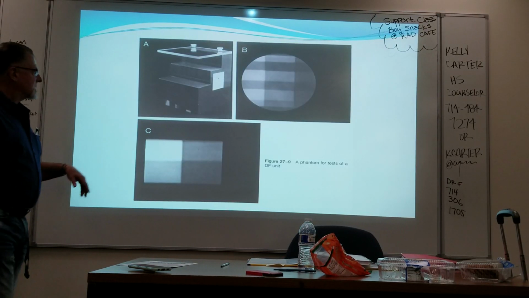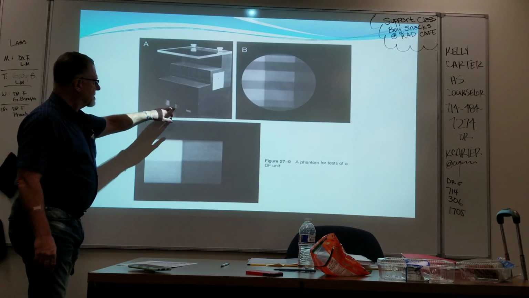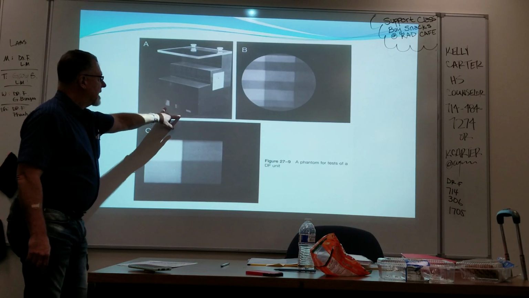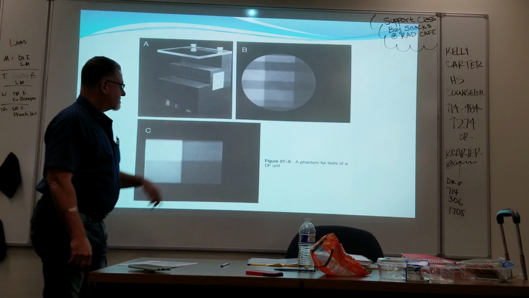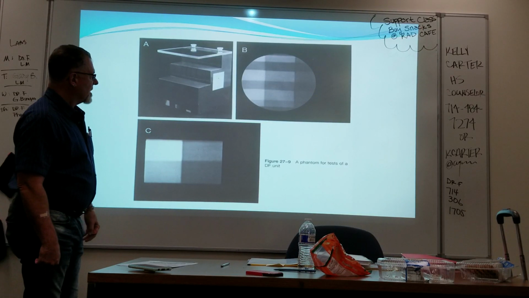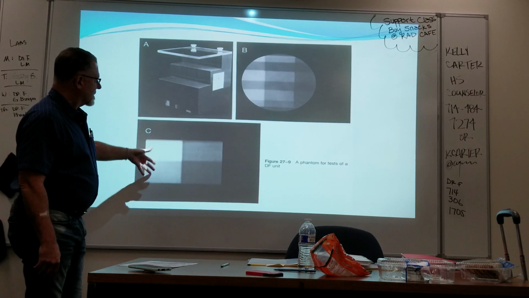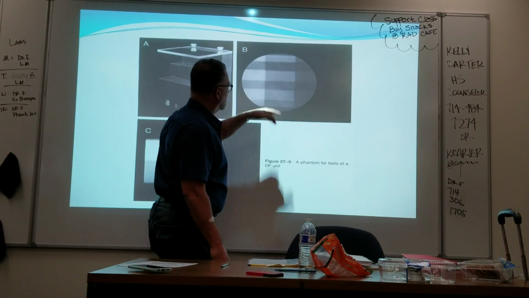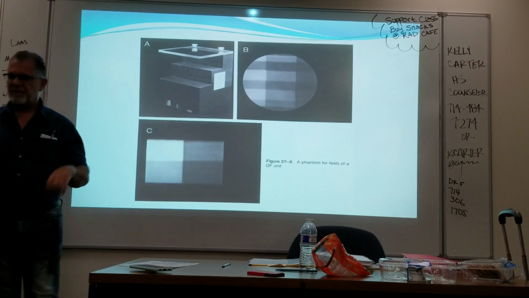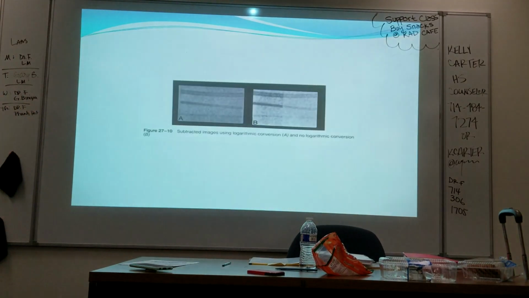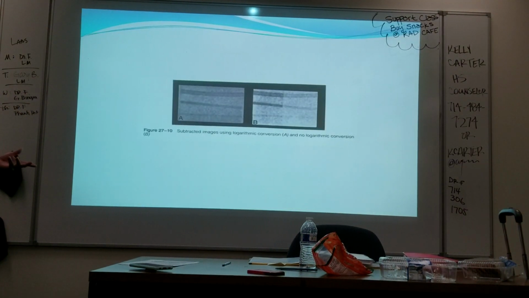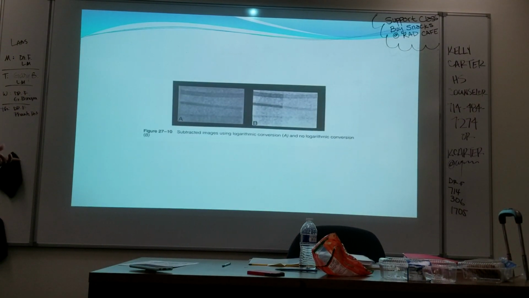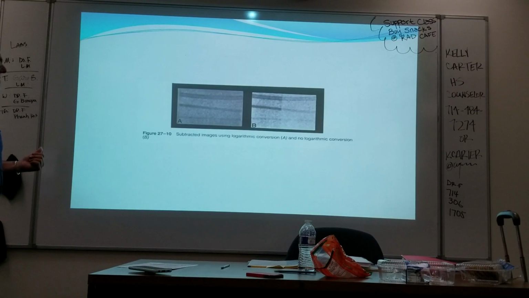Phantoms, you can see you've got bone equivalent material here for different thicknesses. And so you've got different contrast levels and looking at tissue versus bone or fake bone. There's many things that you can look at. You can also look at the ability to see contrast-filled catheters.